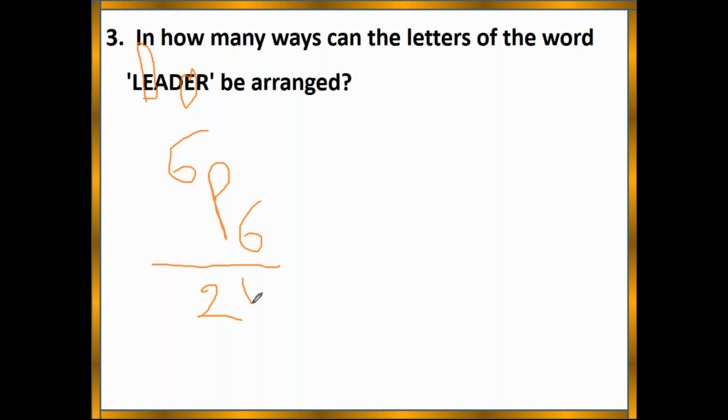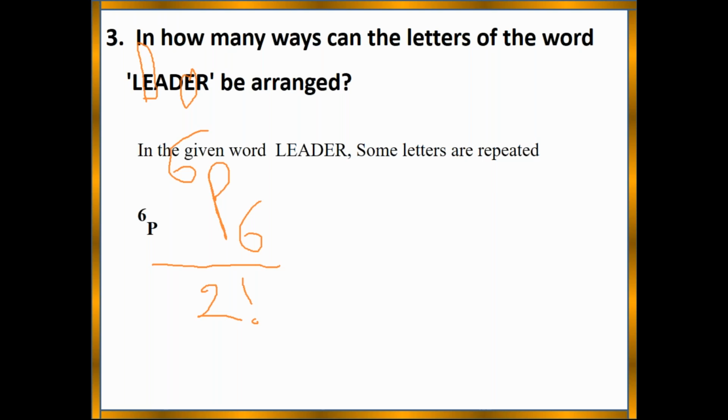So how many letters are E? 2 factorial. Whatever the letters that are repeated, you have to put them in the denominator. 6P6 by denominator 2 factorial. Nothing but 6P6 is 6 factorial, 720. 720 by 2 factorial, which means 2. 720 by 2 is the answer.